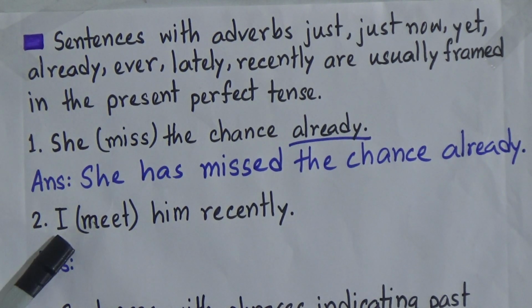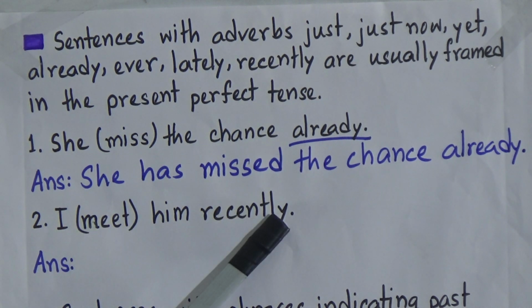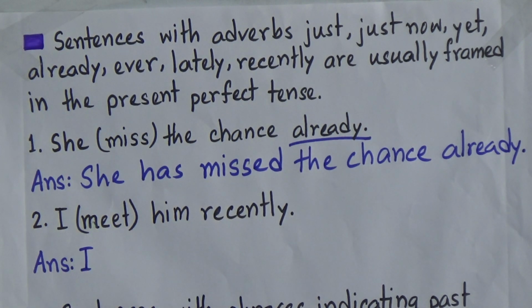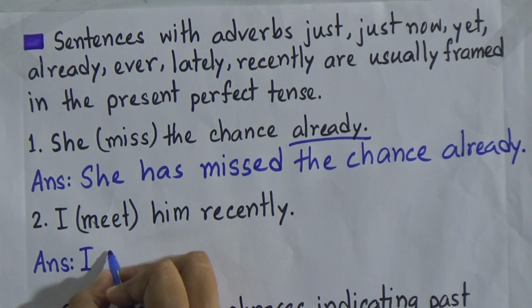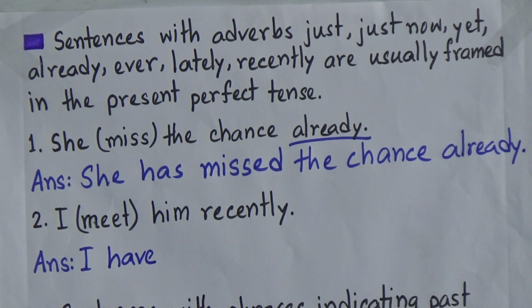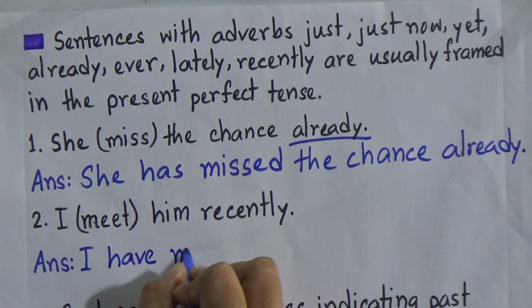Now the next one: I met him recently. Here our subject is I, and we all know that after I we use the have verb in the present perfect tense. Now look, I have, and the past participle form of the verb meet is met.